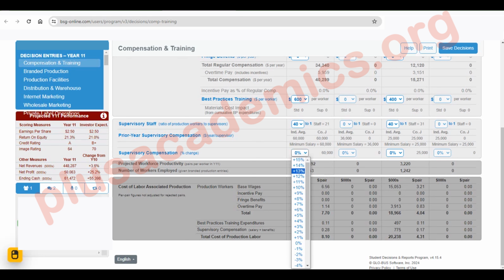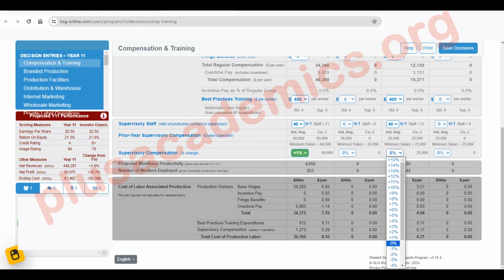We also need to motivate our supervisors, and that's the reason why we are offering them also a 1% base wage increase. For supervisory staff, we're going to maintain a 40:1 ratio, meaning one supervisor is going to manage 40 workers in both regions. So that's all we need to do for compensation and training for now.